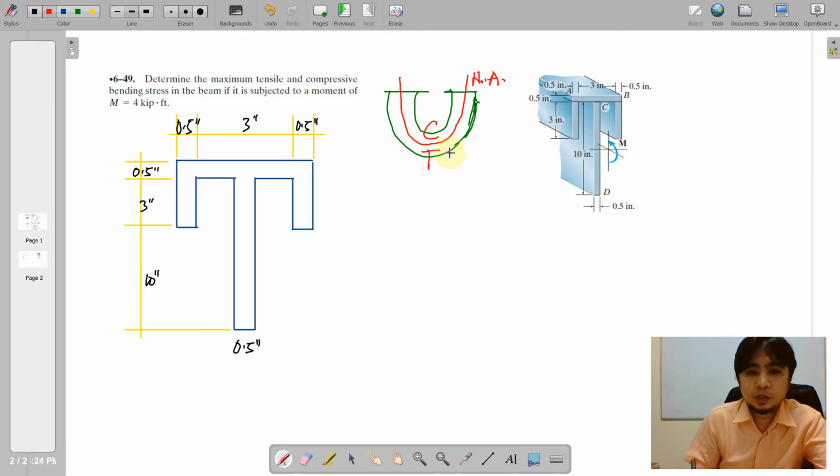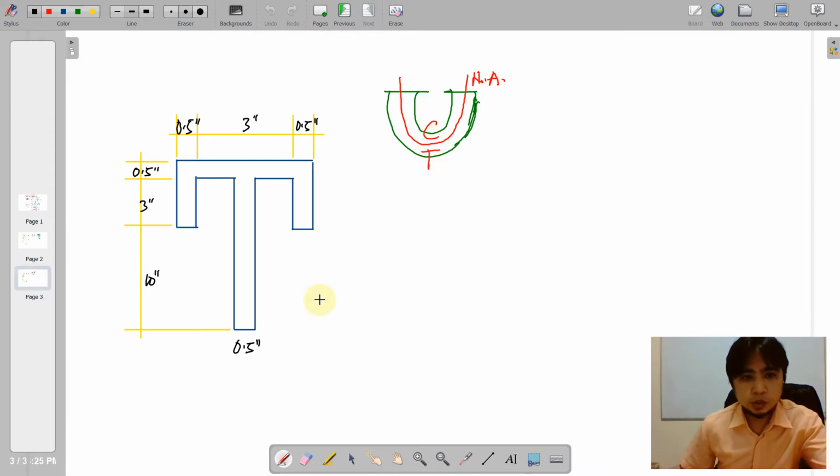Of course, before we can proceed with the calculation, we need to locate our neutral axis so that the distance for T can be utilized as well as the distance for the compressive zone. In order to do that, the first step in the procedure is to have a reference line within this cross-sectional area.